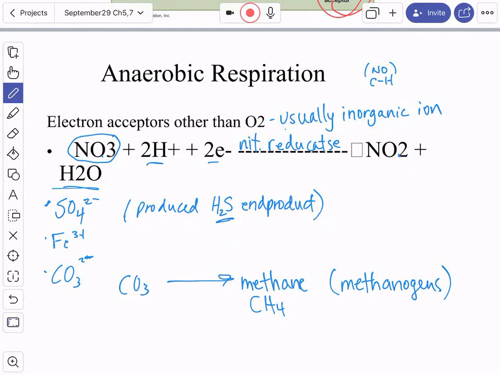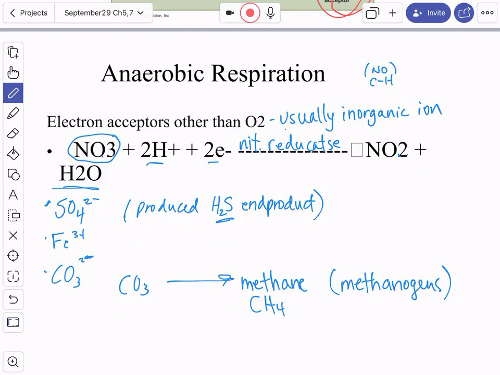You're going to find methanogens in the rumen of a cow's stomach. They produce a lot of methane. Where else would you find these organisms? Anywhere where organisms are living anaerobically: bogs, swamps, also landfills.